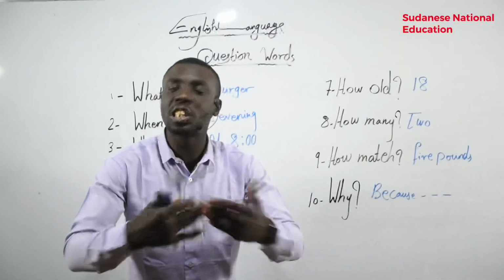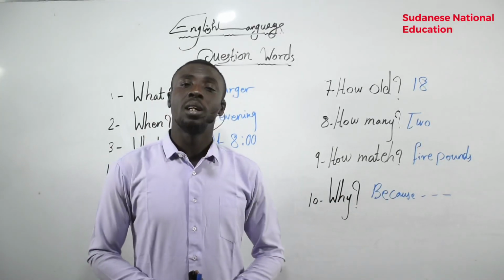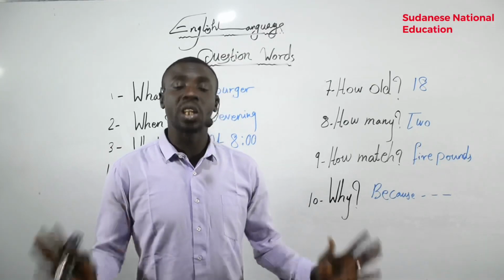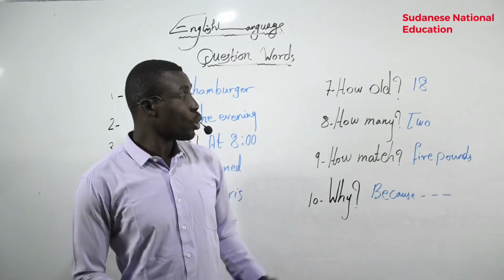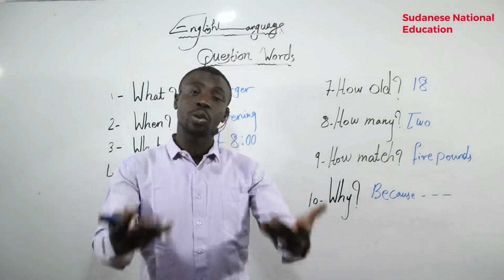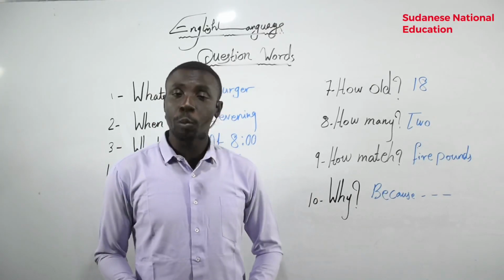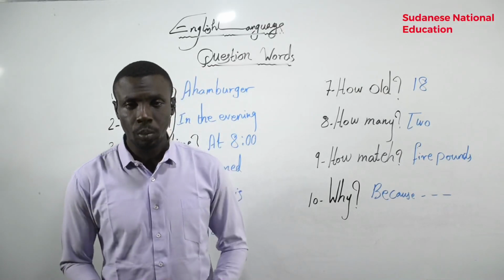There are 7 classrooms. How many students are there in your classroom? There are 10 students. So how many is used to ask about a number of people or things, but countable.